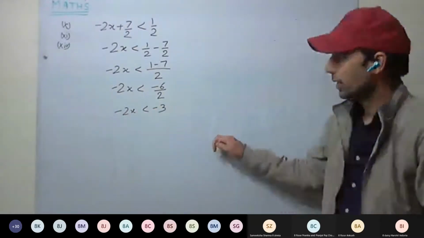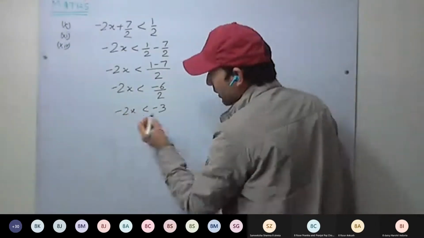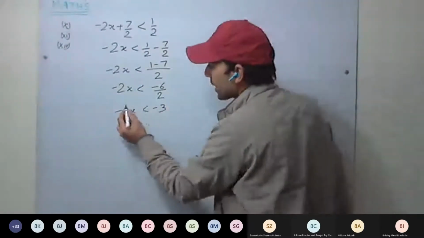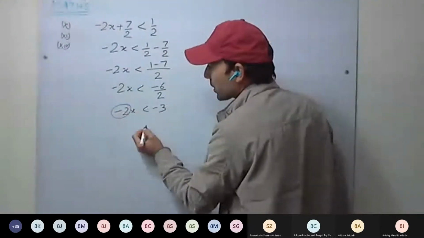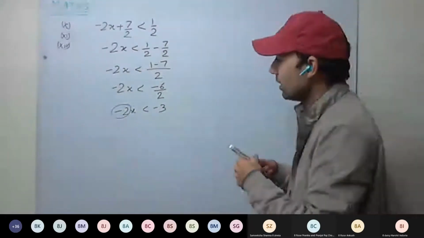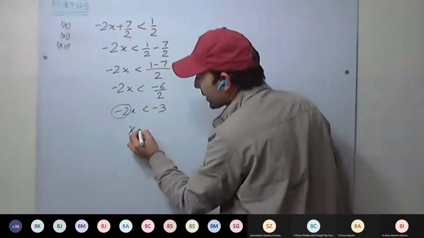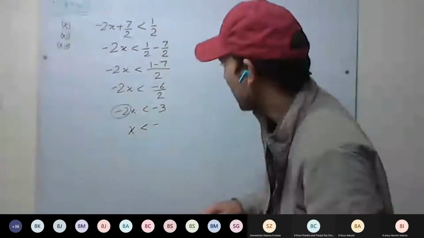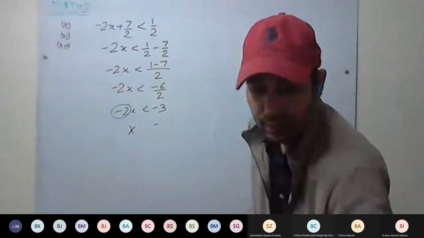Now see here, as we are dividing by a negative number, minus 2, the sign will change. So x less than becomes greater than.